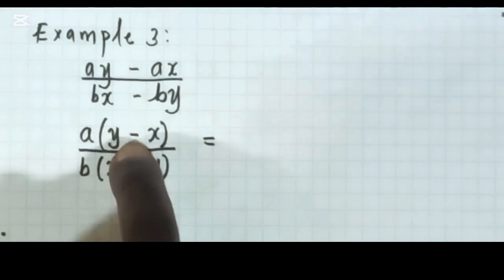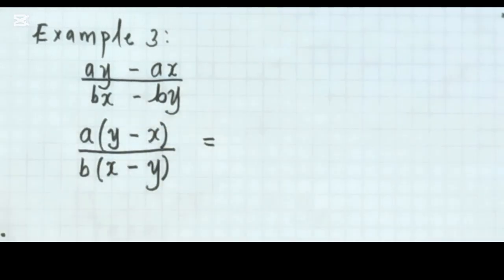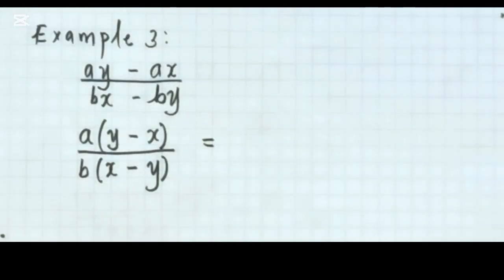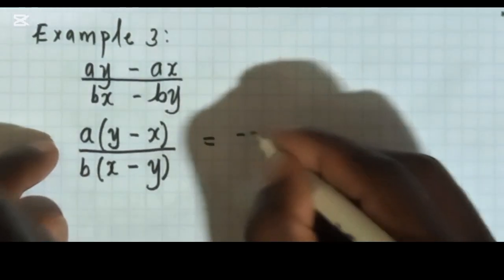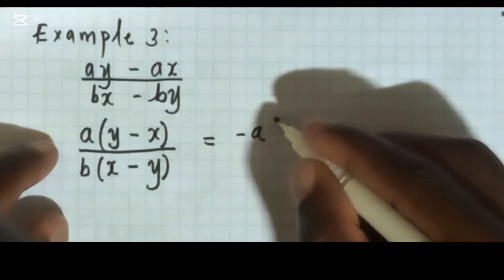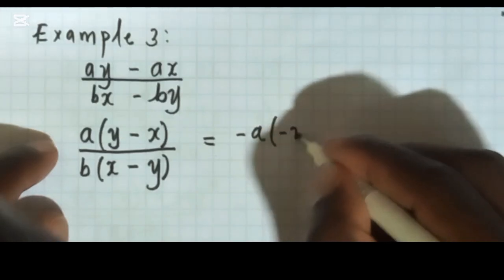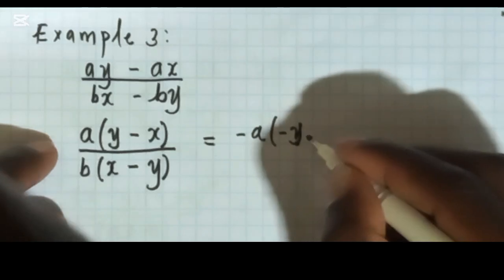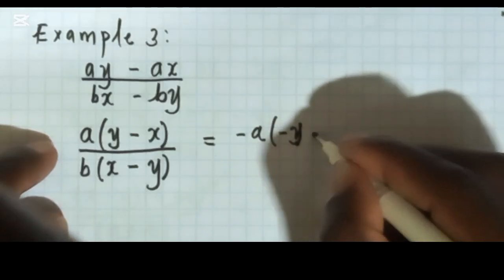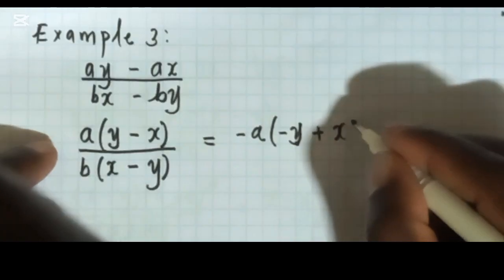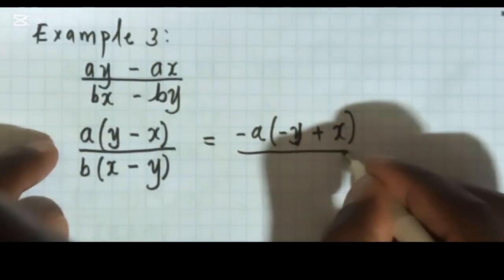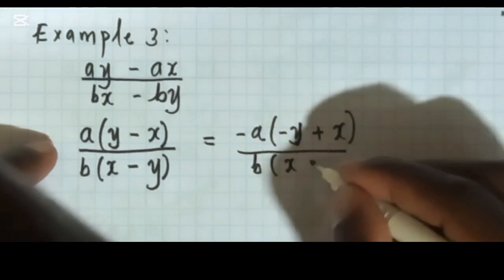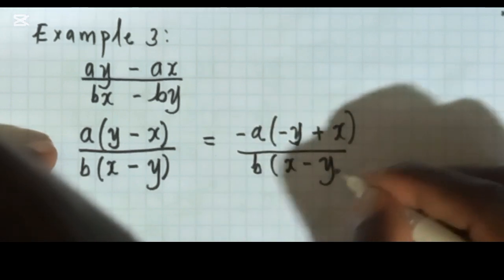Why? Because I'm trying to correct the terms within the brackets of our numerator. And so when I multiply that by -1, I'll have -a into -y plus x, all over b into x minus y.